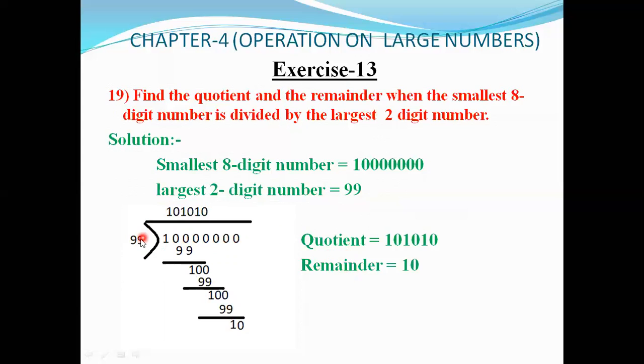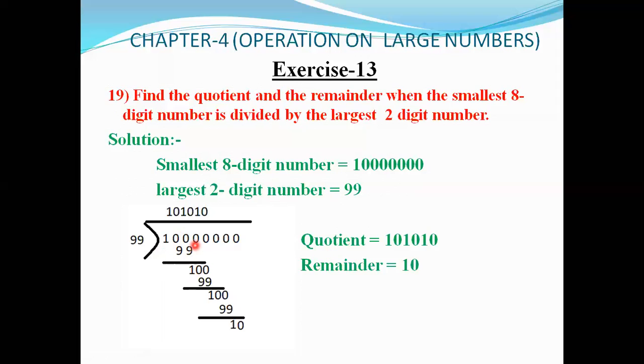In this question, first we take the three numbers 100. 99 is taken, and when we subtract 99 from 100, we get 1. Now put the zeros here. Now 10: when we divide 10 by 99, we are not able to divide.